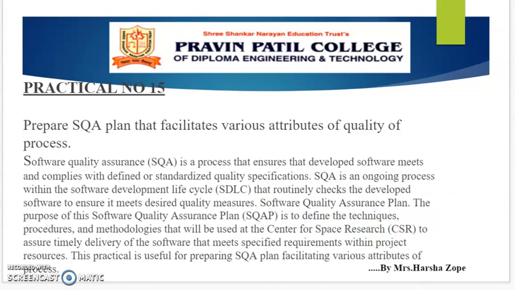The purpose of this Software Quality Assurance Plan is to define the techniques, procedures and methodology that will be used at the Center for Space Research to assure timely delivery of the software and meet specified requirements within project resources. This practical is useful for preparing SQA plan, facilitating various attributes process.